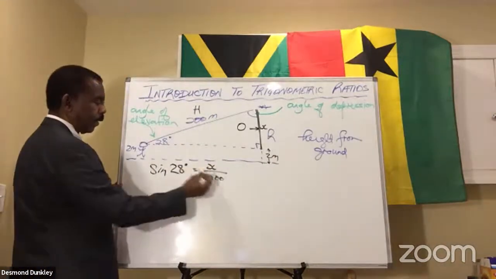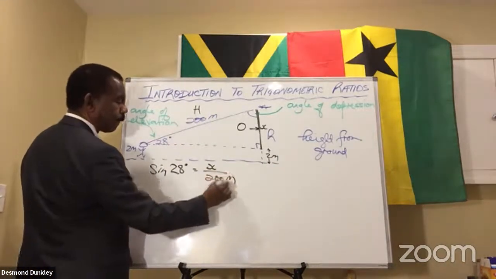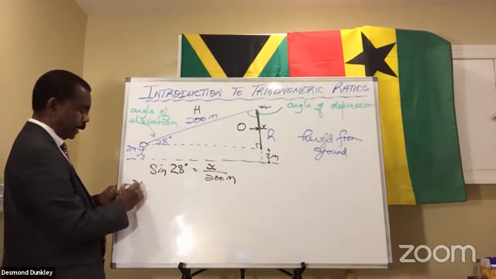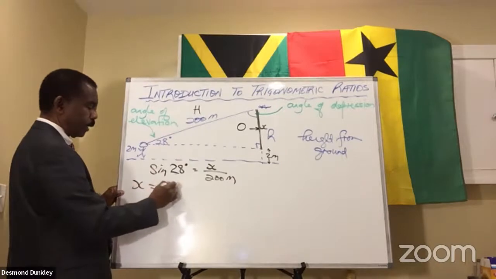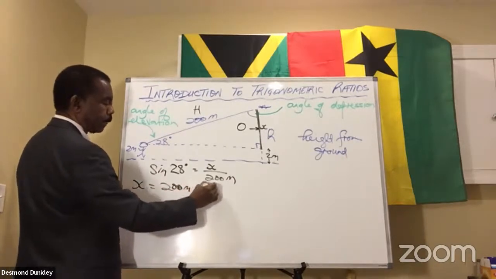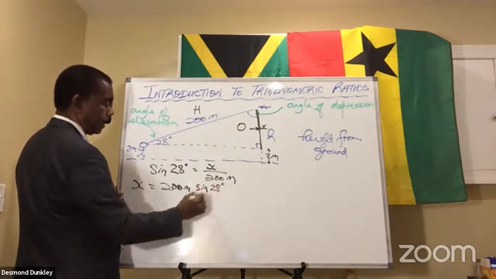Okay. So to get x by itself, we multiply both sides by 200 meters. So therefore, x is equal to 200 meters times sine of 28 degrees.